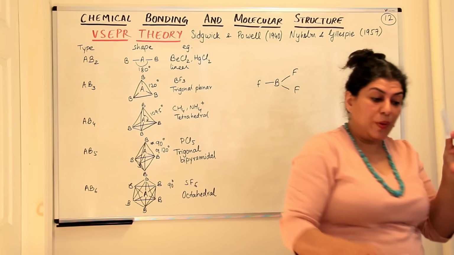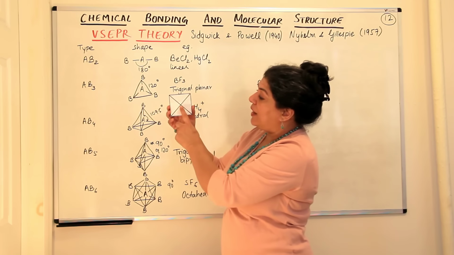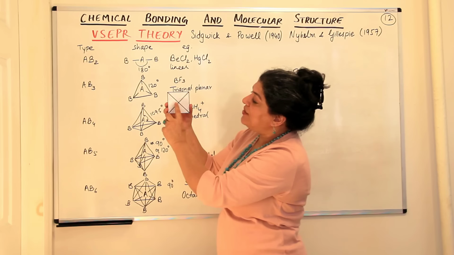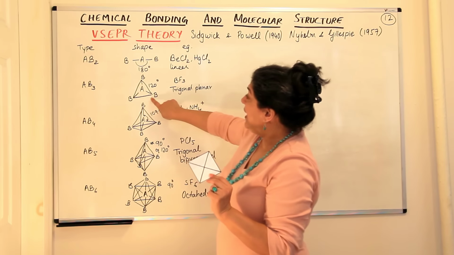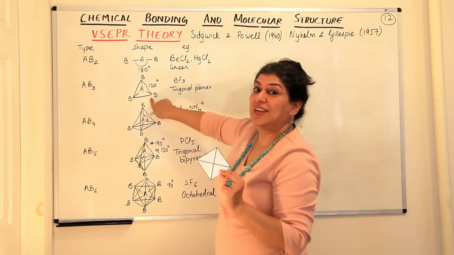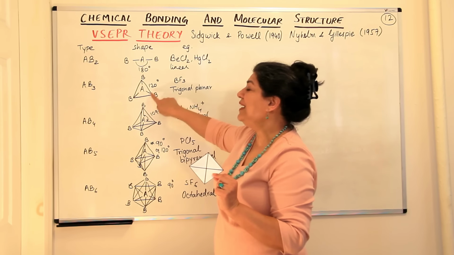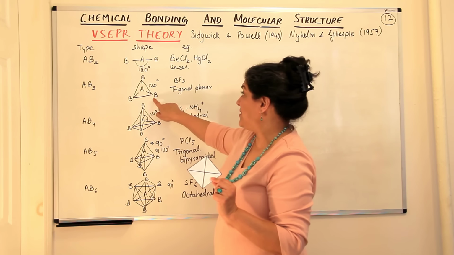But in a square, what are the angles around the central atom? In a square, the angles around the central atom are 90 degrees. Each angle is 90 degrees. But in the triangular planar structure, what was the angle between each of these? It was 120 degrees.